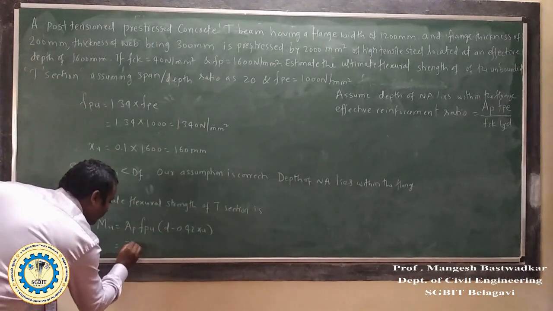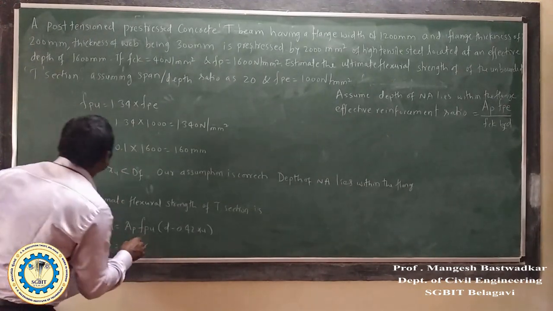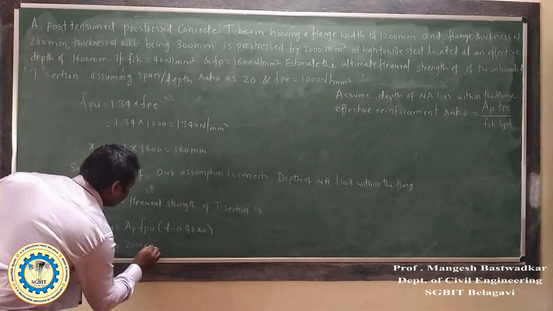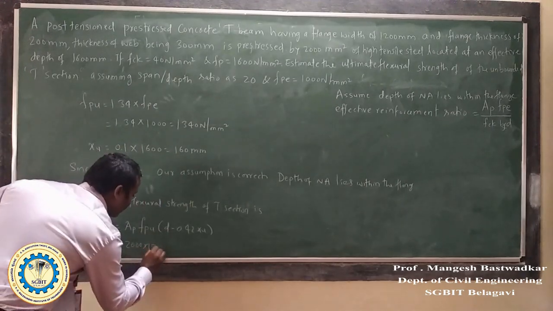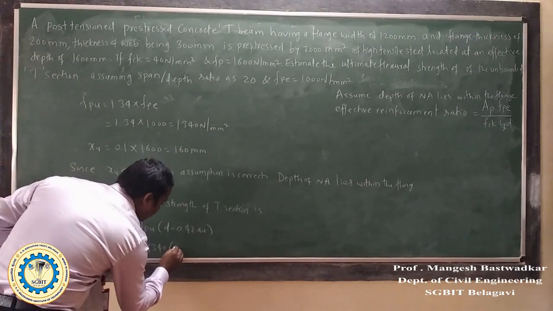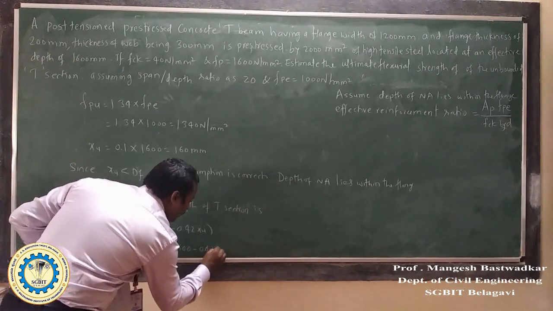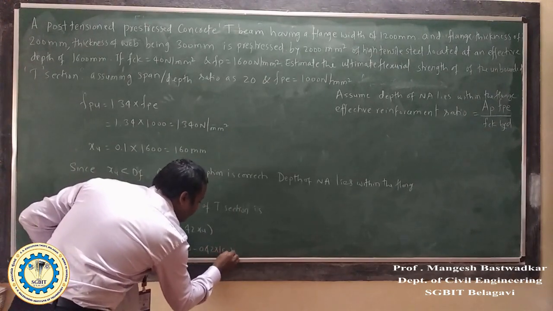So we substitute these values: area of pre-stressing steel, then FPU ultimate tensile stress, 1340, into effective depth 1600 minus 0.42 into XU, 160.